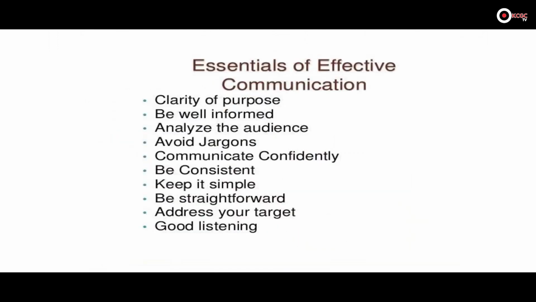So after discussing the cyclic process of communication, we are jumping on to the next slide, that is essentials of effective communication. Now here, something I would like to stress upon. See, if I have 2 students in front of me, one is scoring 90% marks and one is scoring 60% marks. What is the difference between a 90% scorer and a 60% scorer?